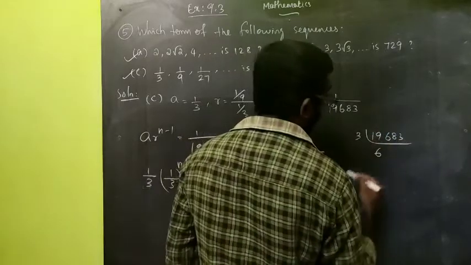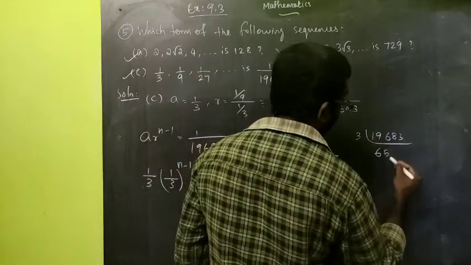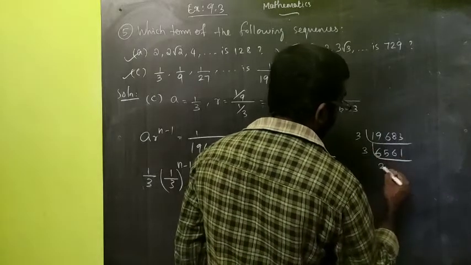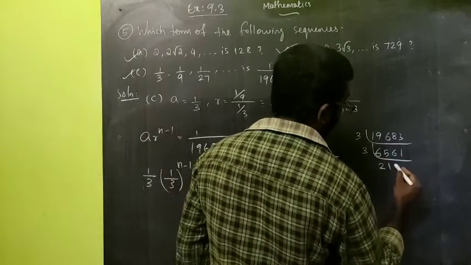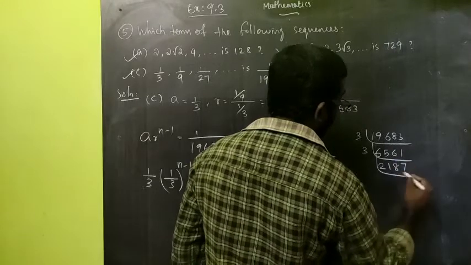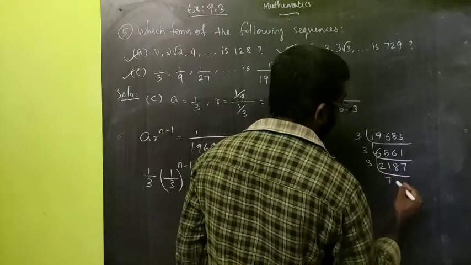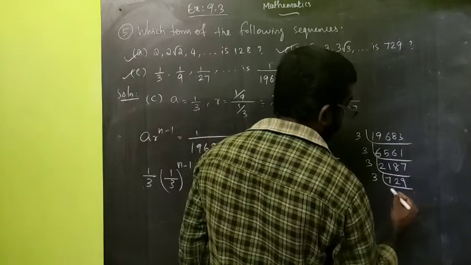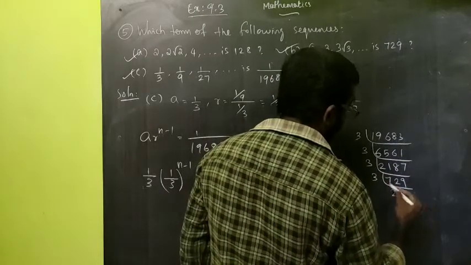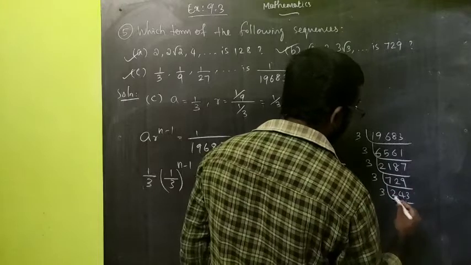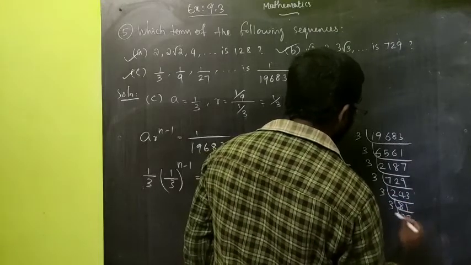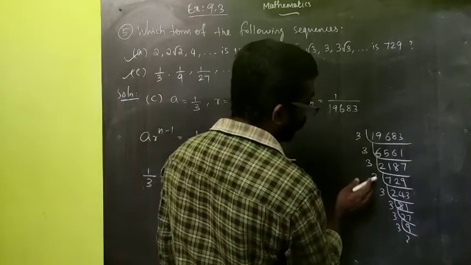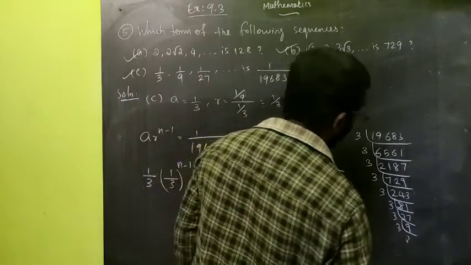6 3s are 18, 5 3s are 15, and so on: 19683, 6561, 2187, 729, 243, 81, 27, 9, 3. So 1, 2, 3, 4, 5, 6, 7, 8, 9.